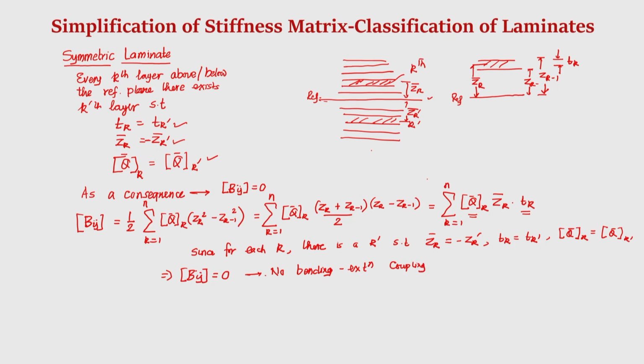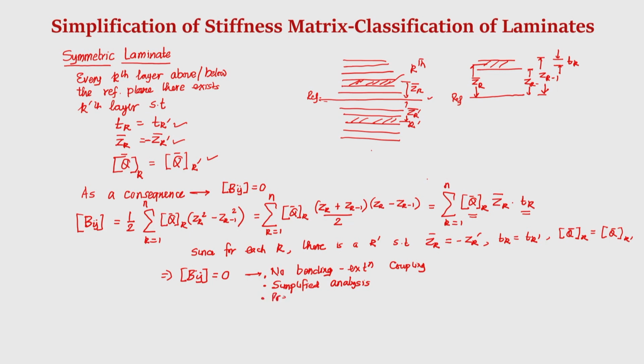Okay. And simplified analysis: in the last class we have discussed the analysis of laminate, that means determination of stress and strain. Now, because it is decoupled, therefore, analysis is simplified.